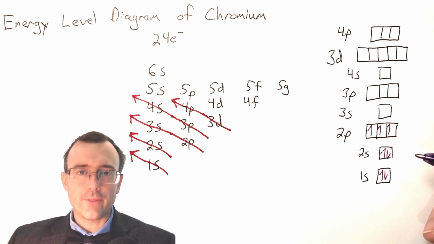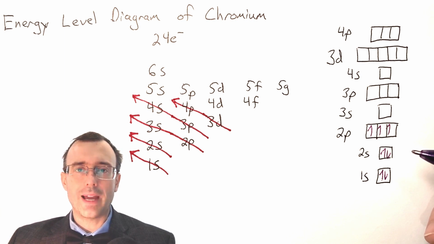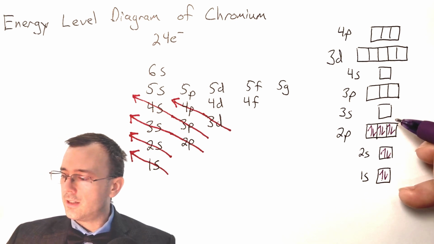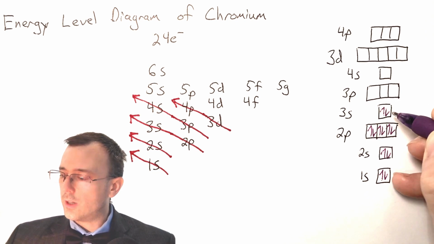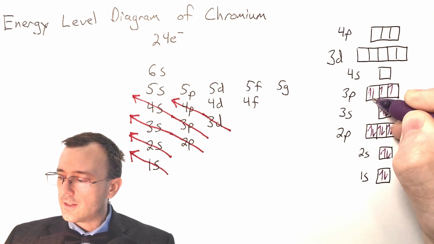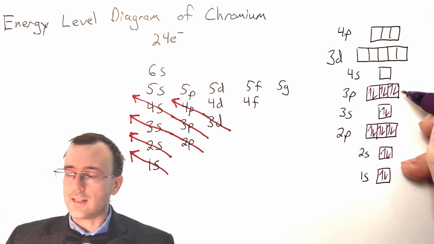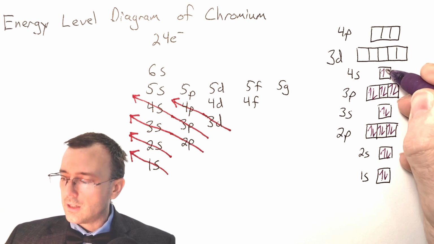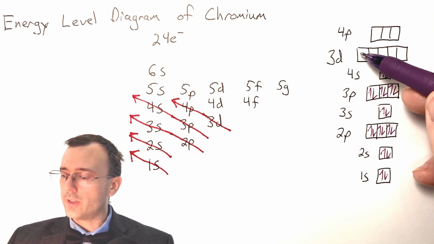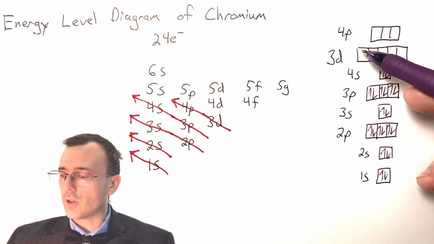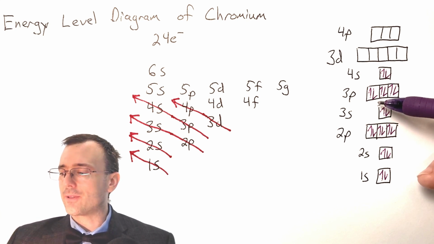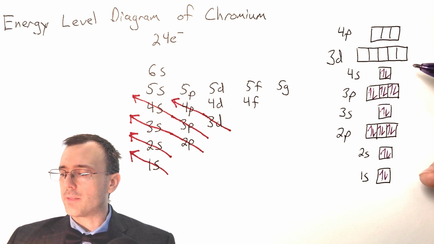Always going to half fill these orbitals before you pair anything up. 8, 9, 10, 11, 12, 13, 14, 15, 16, 17, 18, 19, 20. Make sure that you pair this up before going to a higher energy level. Remember, the electrons all want to get to the lowest possible energy level, and after that, they want to have as much space as possible.